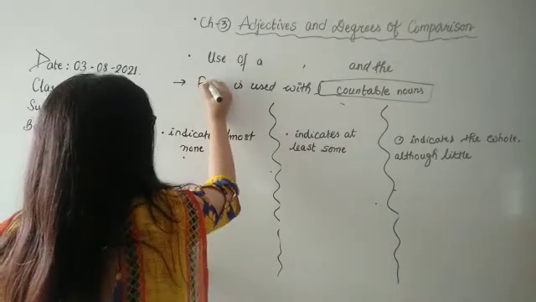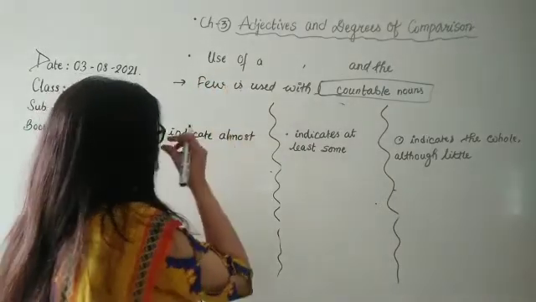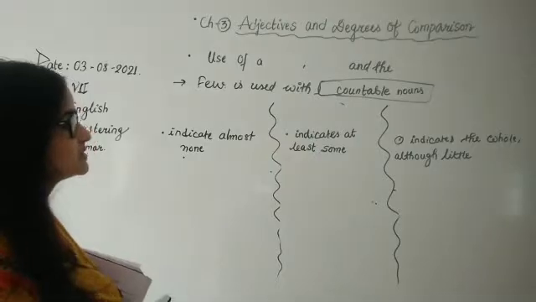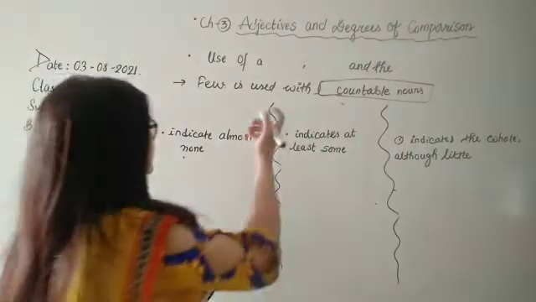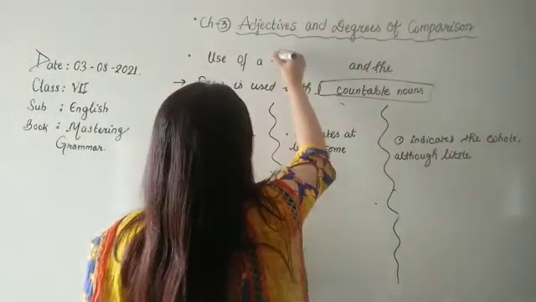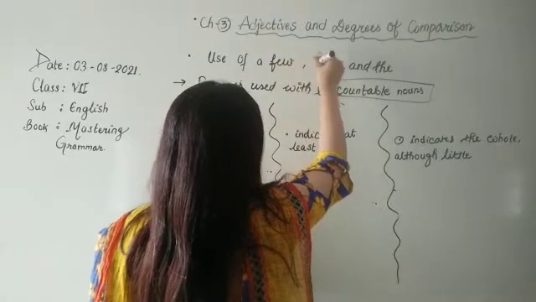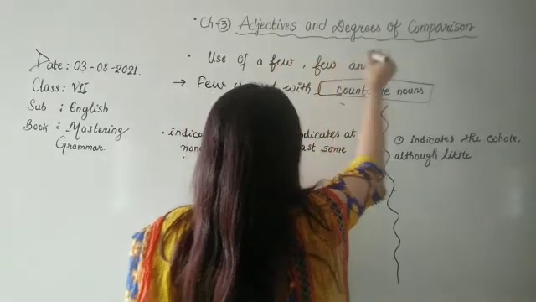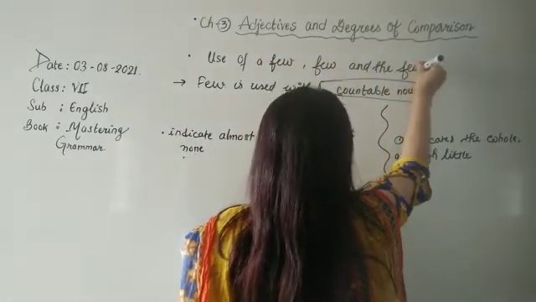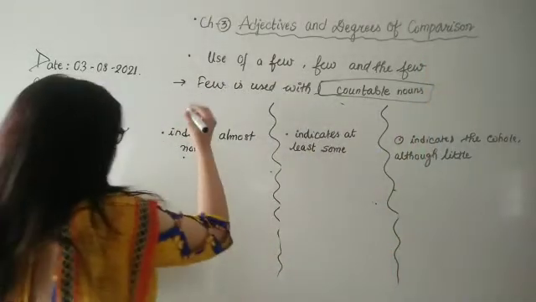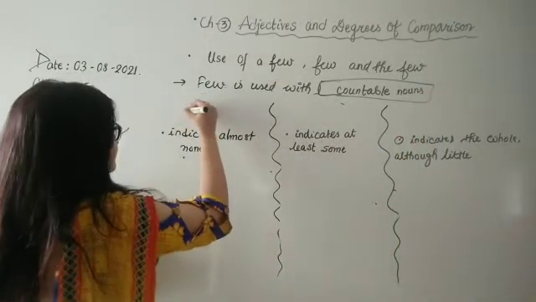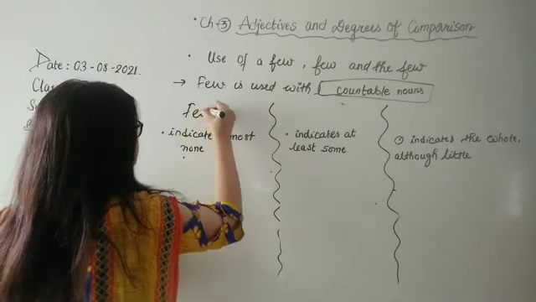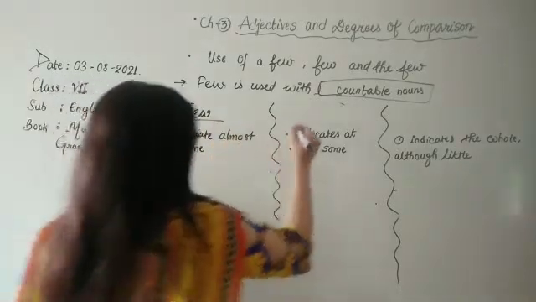The word is what? Few. Few is used for countable nouns. Nouns which can be counted. Use of few, a few, and the few. Yes. So here we have what? We have few, a few.